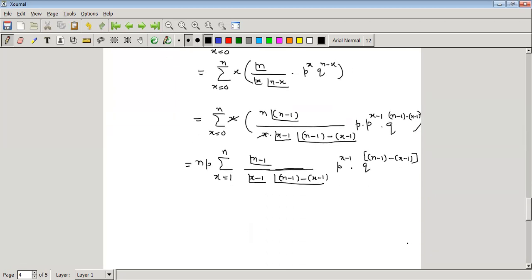And if we check this whole term in this summation, we can write this as p plus q to the power n minus 1.